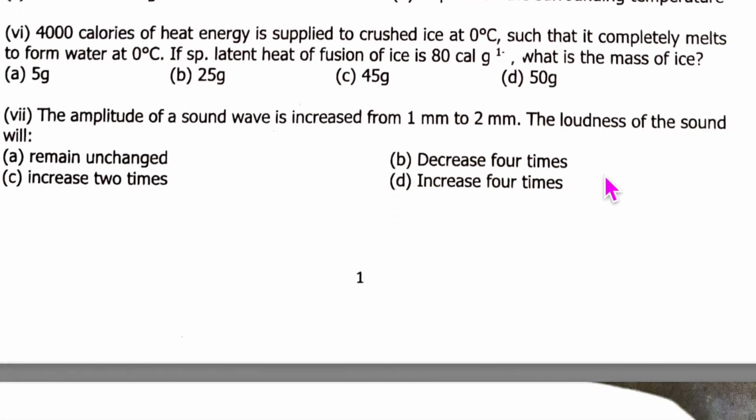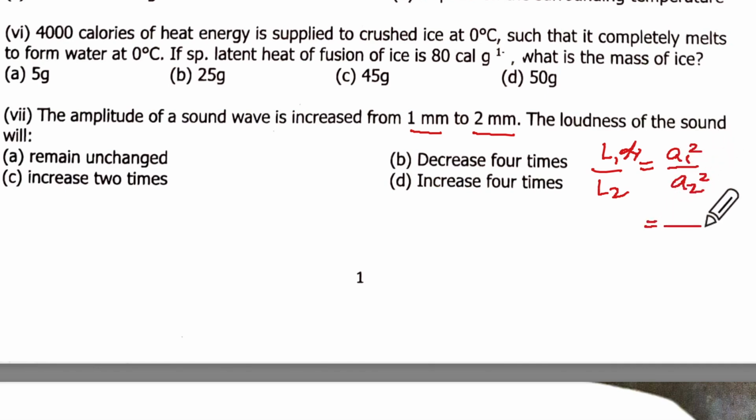Amplitude of sound wave is increased, means it is doubled. The loudness, remember, L is proportional to amplitude square. So L1 upon L2 will be equal to A1 square upon A2 square.